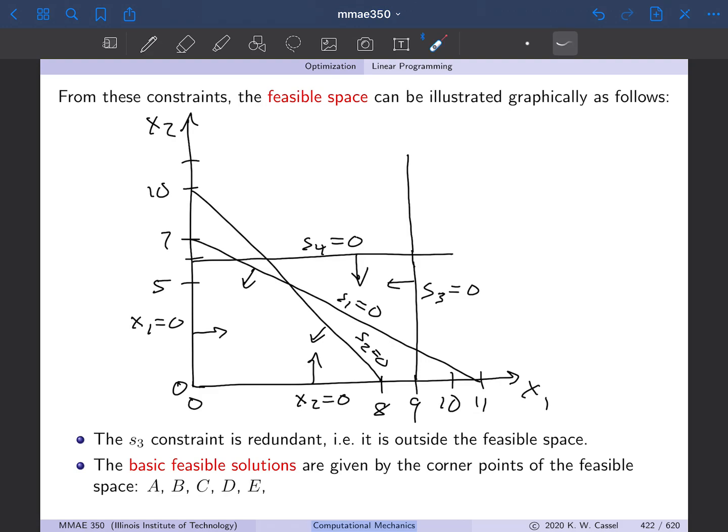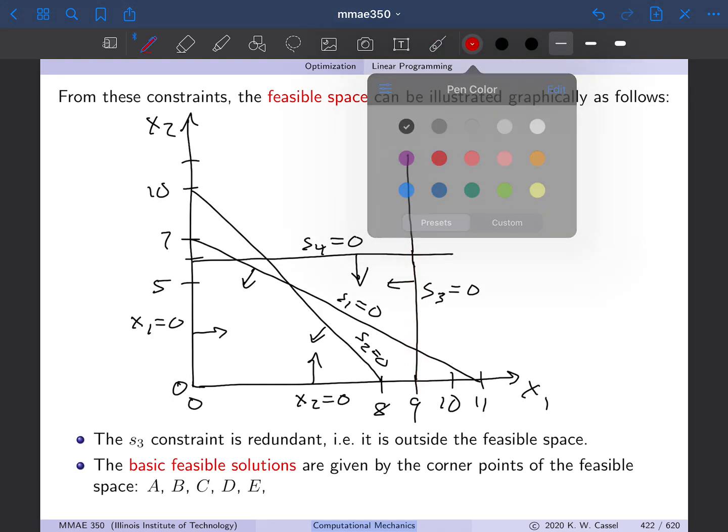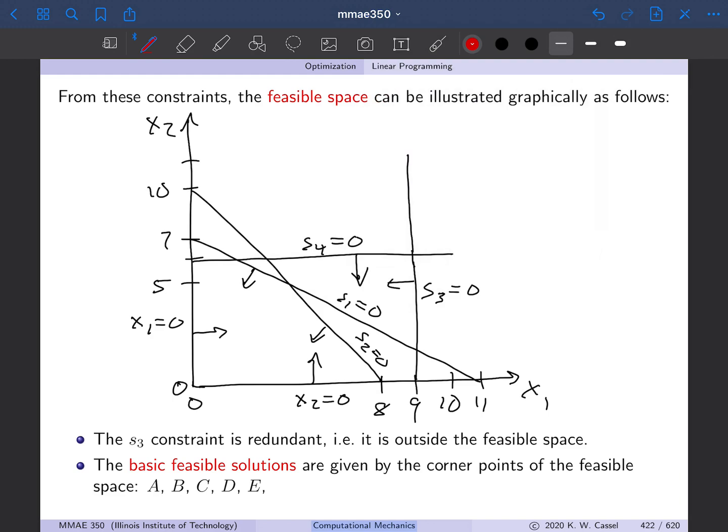Okay, so a couple comments about this. One thing you'll notice, and this happens sometimes, is the S3 equals 0 constraint, that's this one right here, is actually redundant. Because if you look at where the feasible space is, let's draw this in, say, red, it's where all of these are satisfied, which corresponds to, let me just put hash marks in here, this region right here.